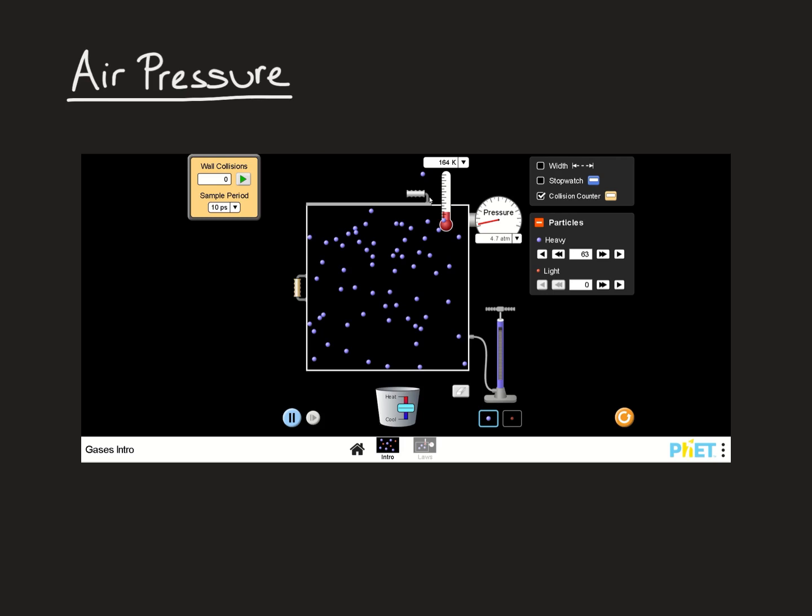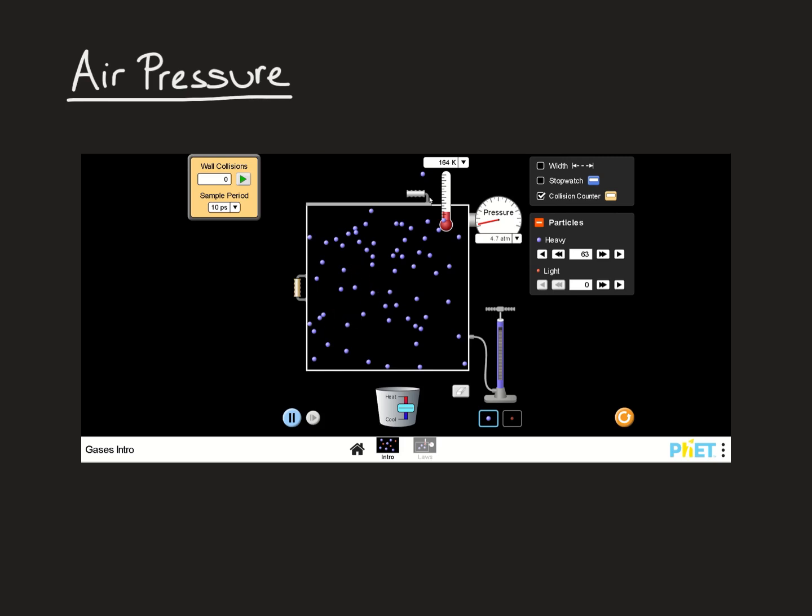Now we're going to use these key ideas to explain the crushing can demo and the magic egg demo again. But what I would suggest is maybe pause the video now and go and have a go with the PhET simulation and investigate what happens when you add more particles. You can measure how big the container is, you can measure how many collisions there are in a second, and you can measure what happens to the pressure when you change the number of particles, the temperature of the particles, or the size of the container.